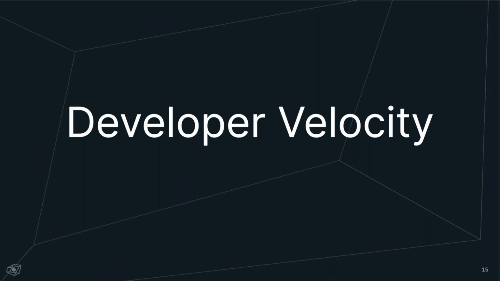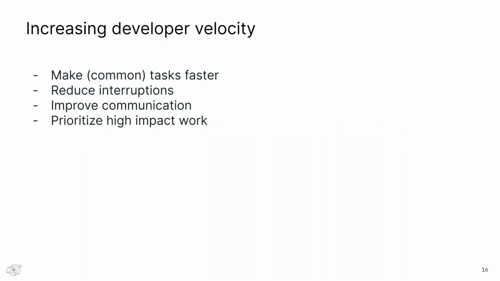So now that we've talked about what traces are, right? What is a trace? It's this thing that lets us view our application performance in a request-centric way, in a user-centric way. How does this get us to our use cases, our working value? So the first is velocity. There are a lot of ways you can improve developer velocity, and I'm not going to talk a ton about this first one, doing common tasks faster, because it's very dependent on what you have, and also it's kind of simple.